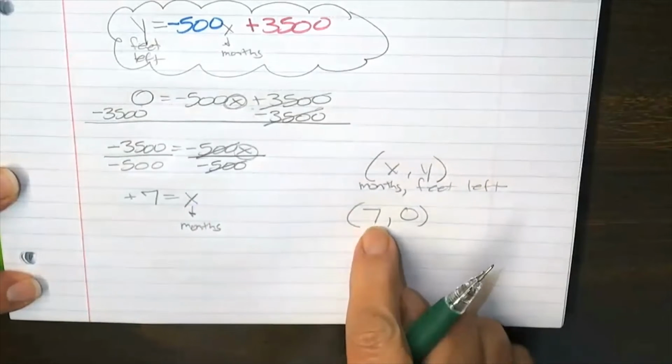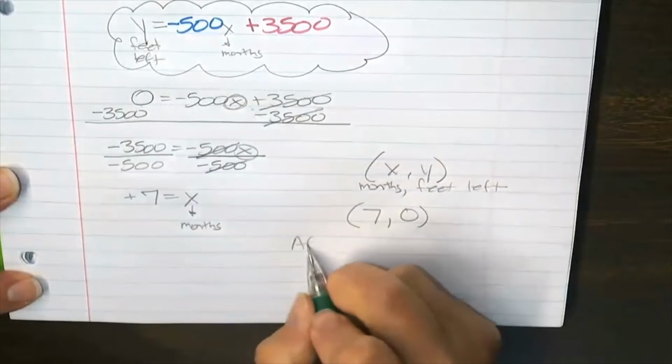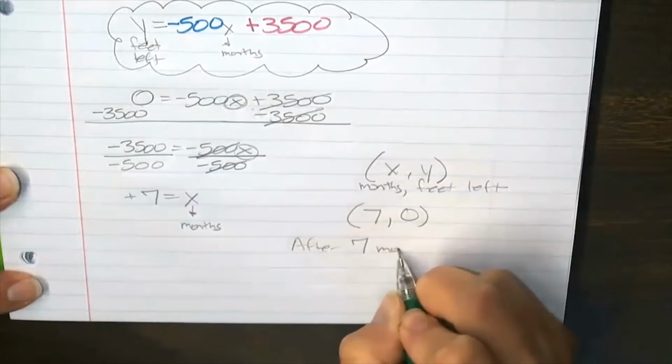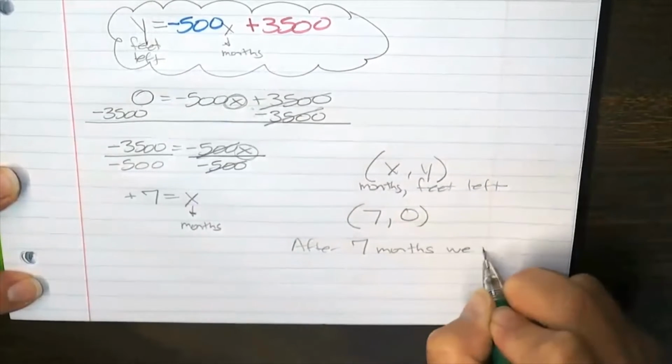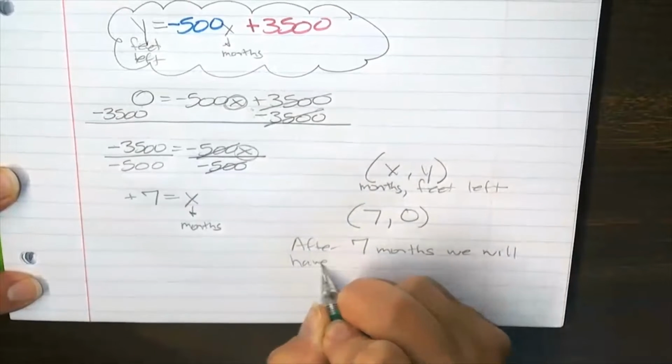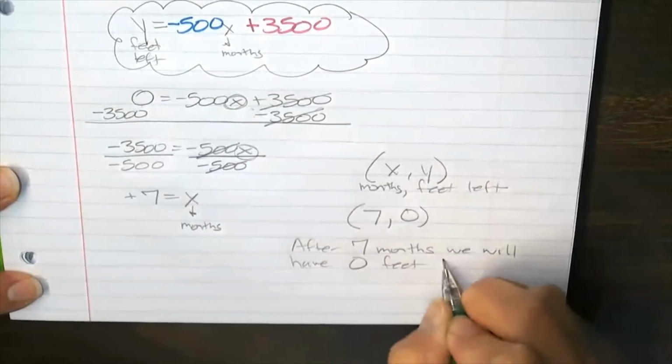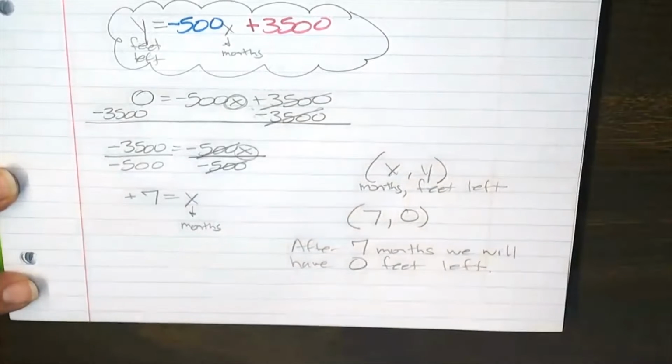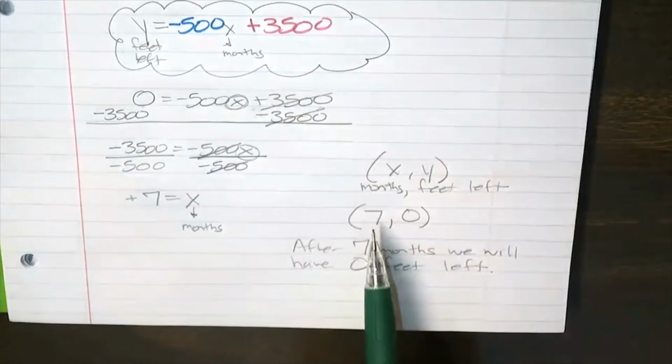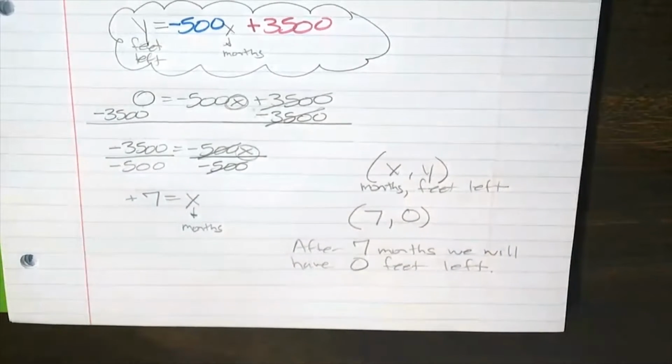So what this is telling me is after 7 months, we will have 0 feet left. Now that's kind of an awkward way of saying it. What it means is after 7 months, we'll be done digging that tunnel. There won't be any more digging to do. We're done.